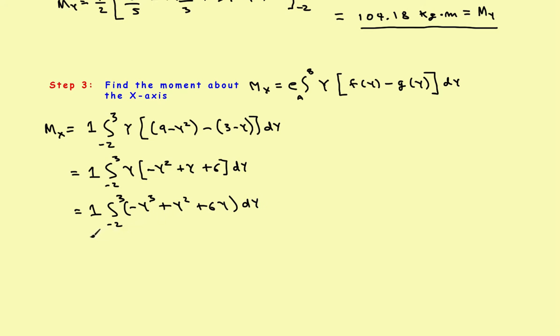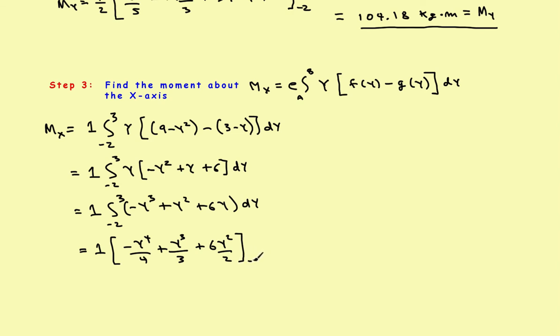So now find the antiderivative of that. So I've got 1, and this is going to become minus y to the 4th divided by 4 plus y cubed divided by 3, then finally plus 6y squared divided by 2, and if you wanted to, you could cancel out and make it be a 3 there.